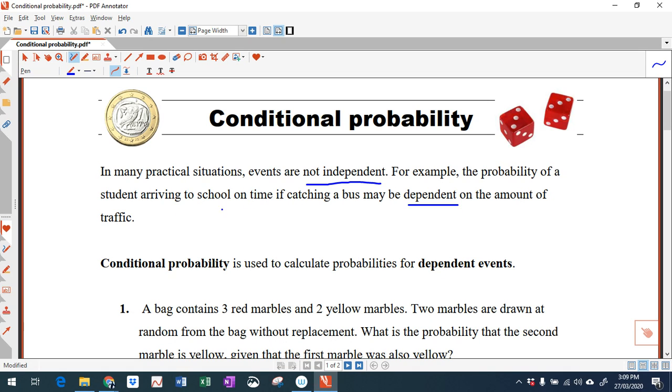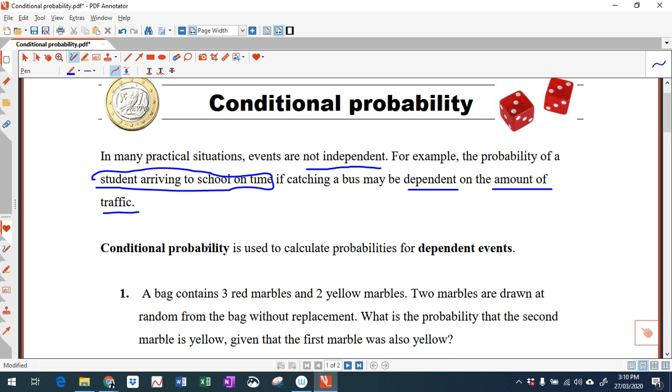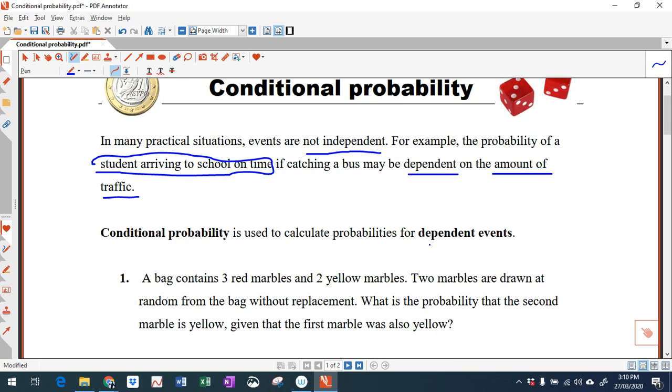The first event is the student arriving at school on time, and the second event is the amount of traffic. One event depends on the other. Conditional probability is used to calculate probabilities of dependent events.